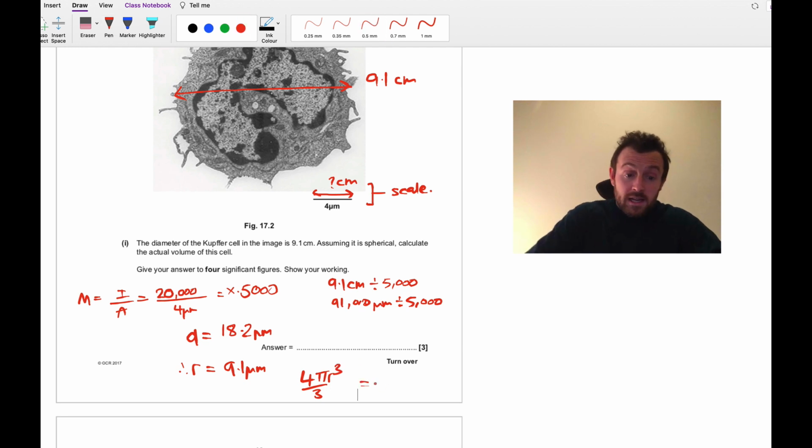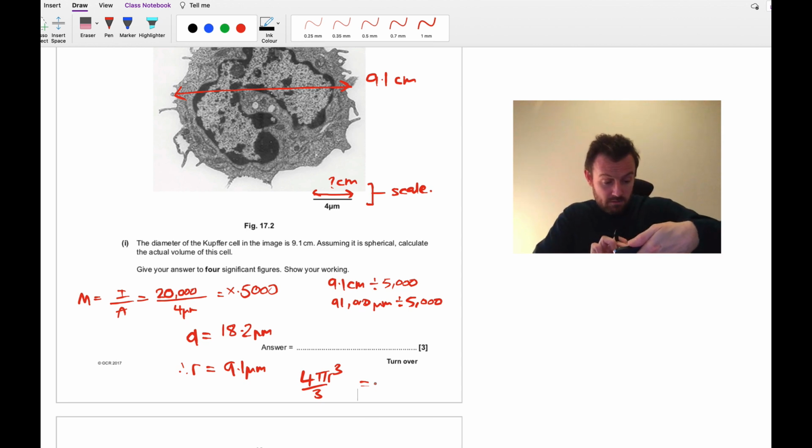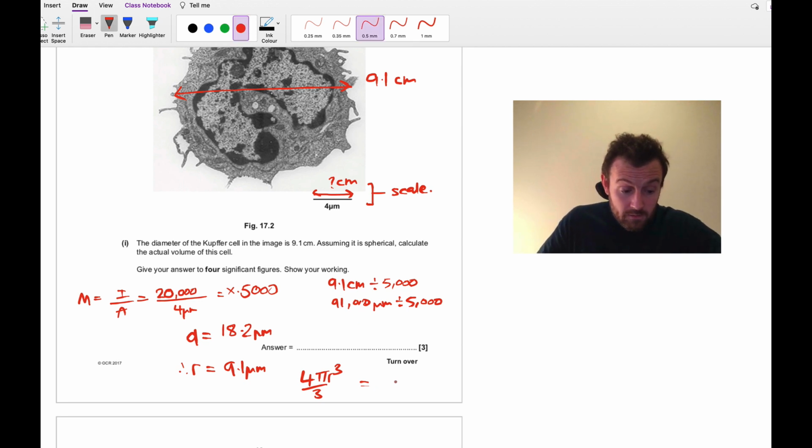So you plug that in: 9.1 times 9.1 times 9.1 times 4 divided by 3 times pi, and I get 3,157 micrometers cubed.